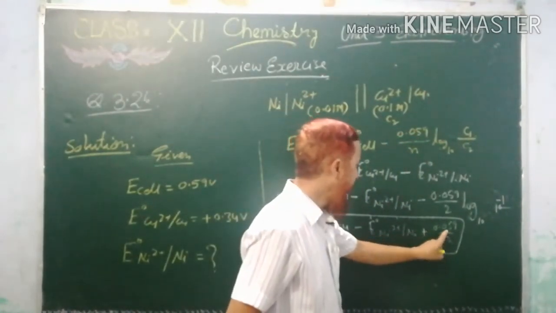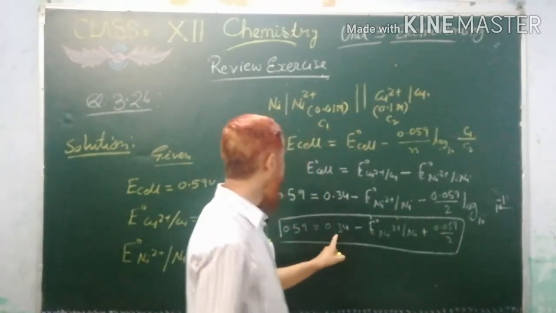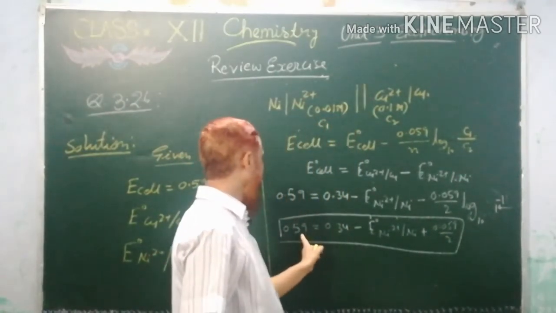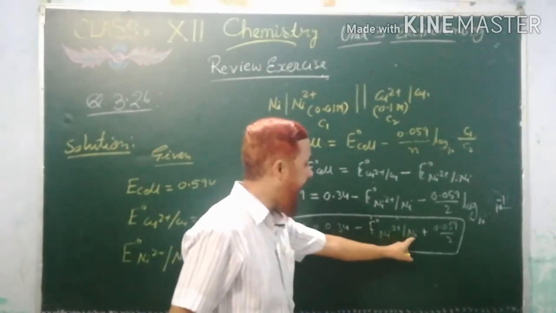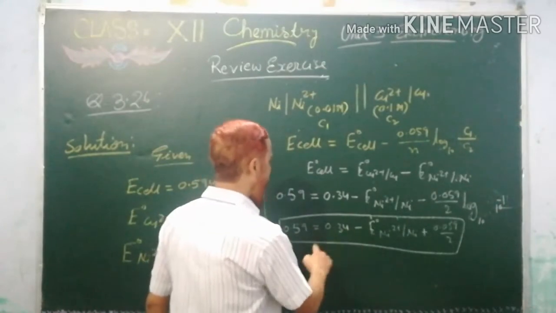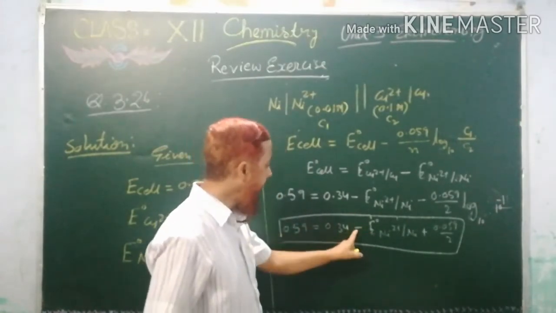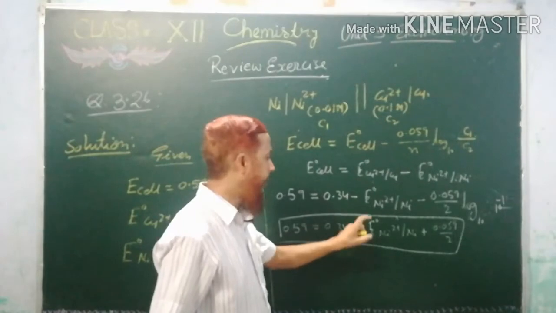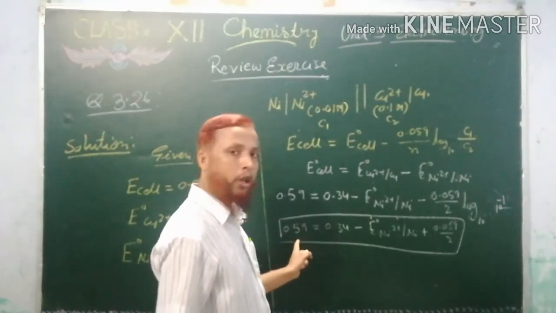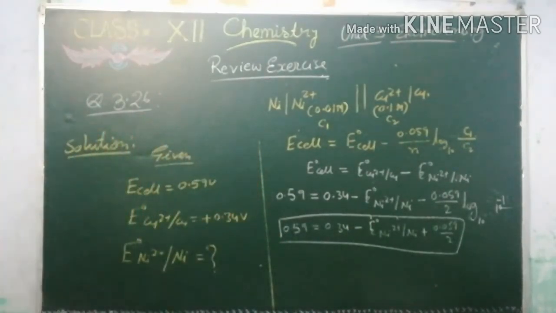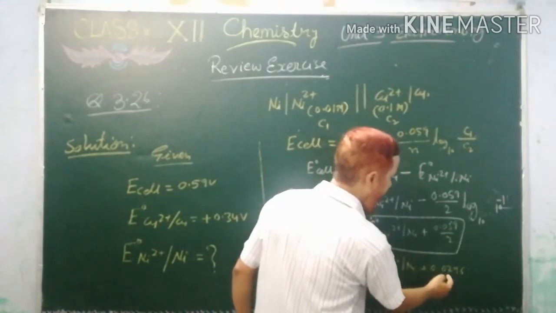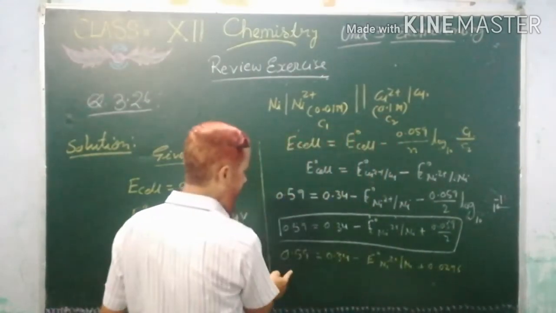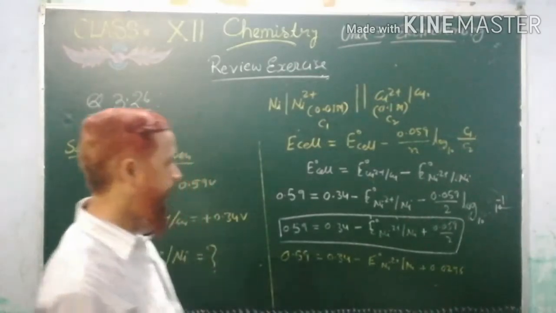Divide this by 2, this will be added here and then subtracted from here, and that will be E naught Ni2+ oblique Ni. Then finally the answer will come in negative because this one has a minus value, and that will be your answer. I have just solved this: 0.059 divided by 2 comes to 0.0296. So if you solve this equation, you will get your answer. Okay, do it.